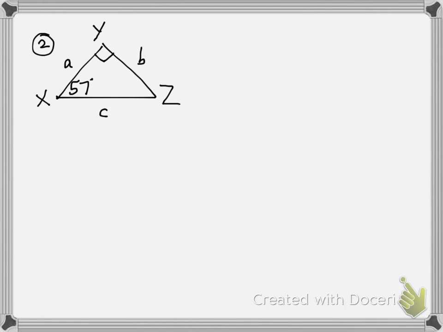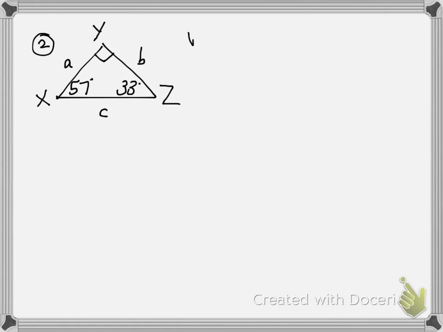Alright, number 2. For example, if we have a right triangle that looks like this, say it's XYZ, with side length of ABC, and we have this angle at 57 degrees and this angle at 33 degrees.